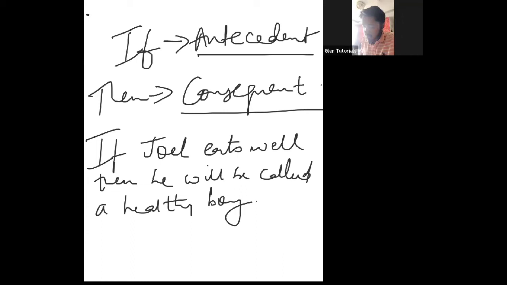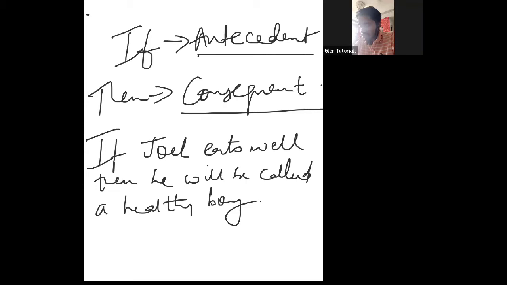Now the same statement I can write as: if Joel is a healthy boy, then he eats well. Correct?